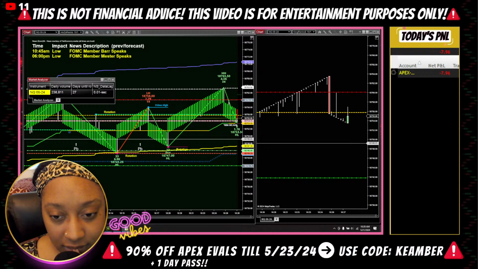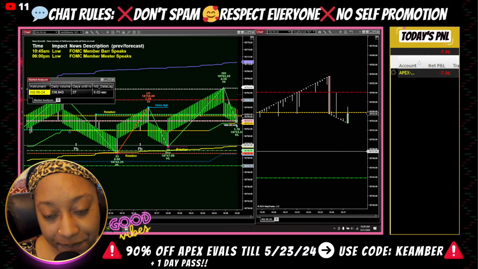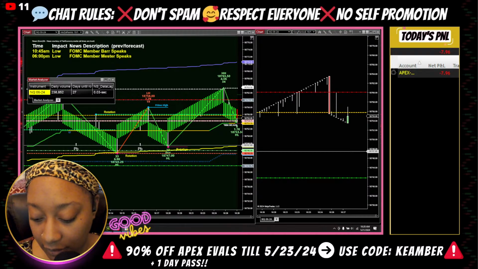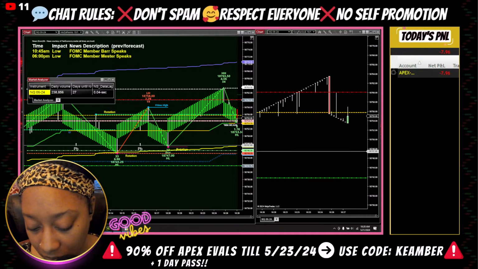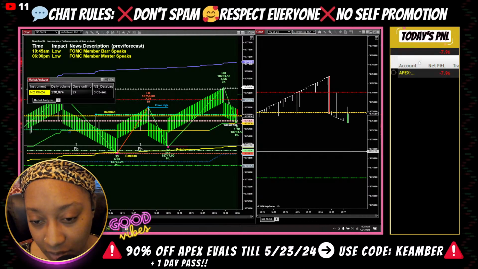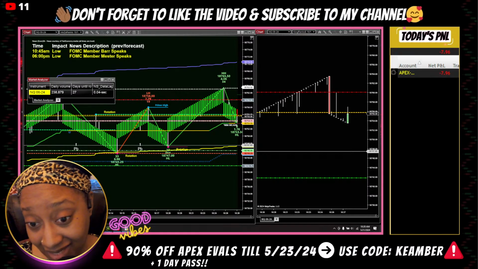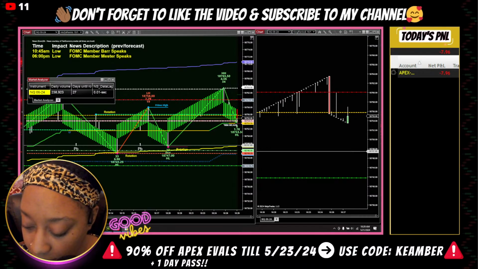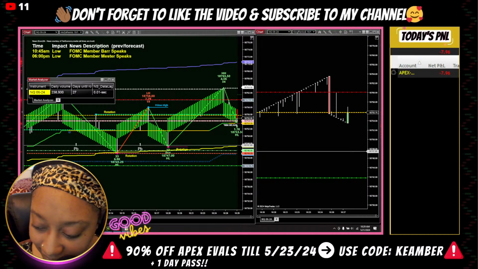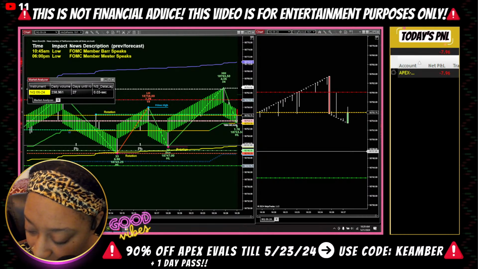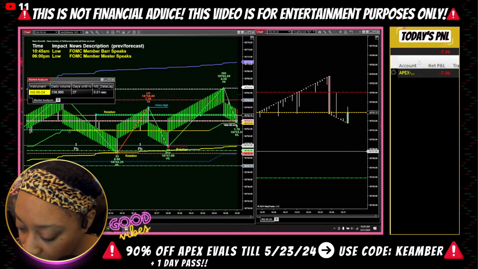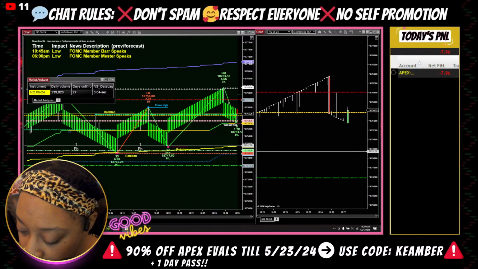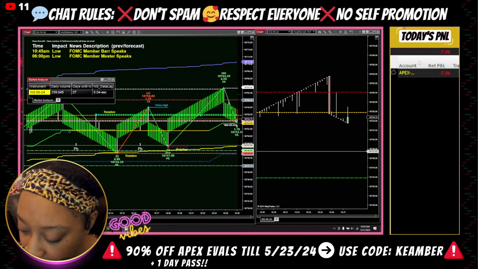I'm trying to see if I want to take this trade. We're at the overnight high. The problem is, I don't know. Even though I always tell y'all at this moment that I just want to take the trades, I don't know if I want to take that one, because I feel like it's a buy at an overnight high.